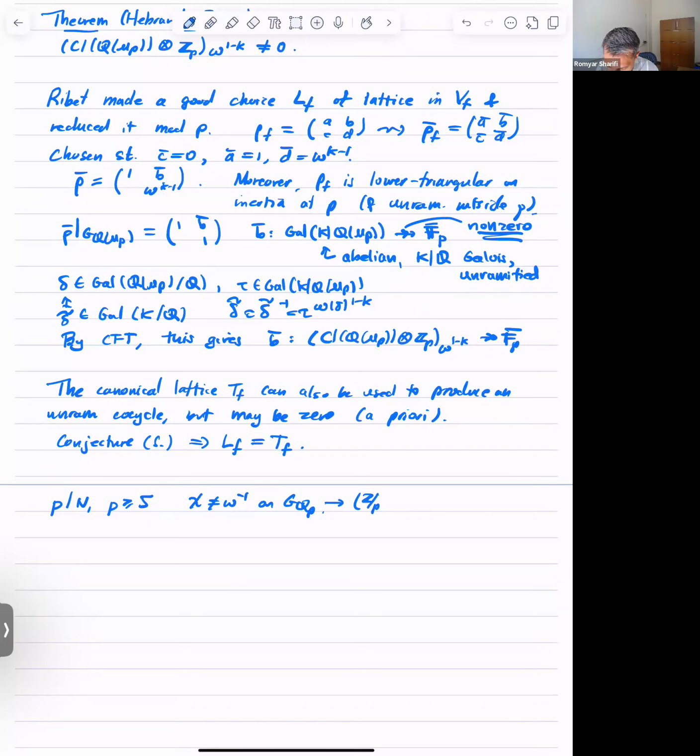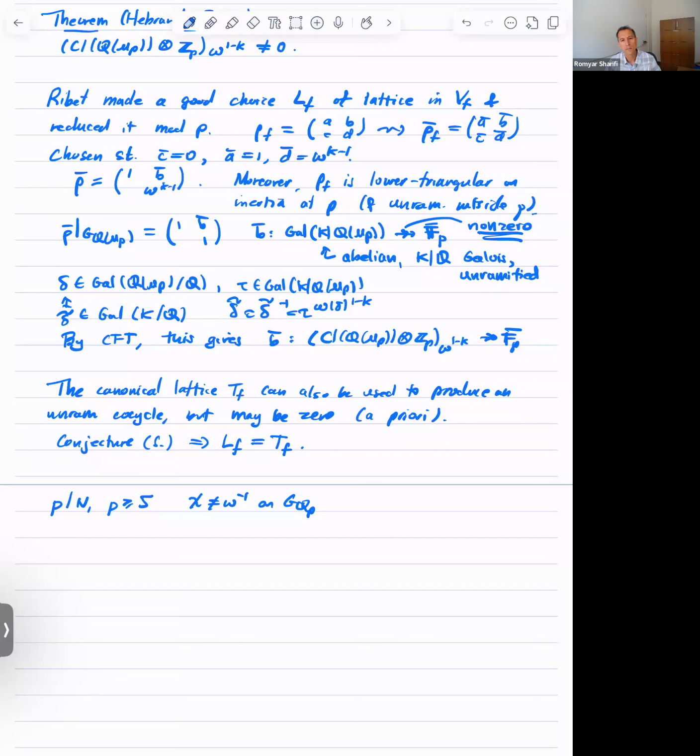Can I ask a question, yeah, Romyar? Do you have some? I think in general, this TF could have rank greater than 2 over Z_p, right? So with the lattice that Ribet used, over O_F, it has rank 2. Could it?